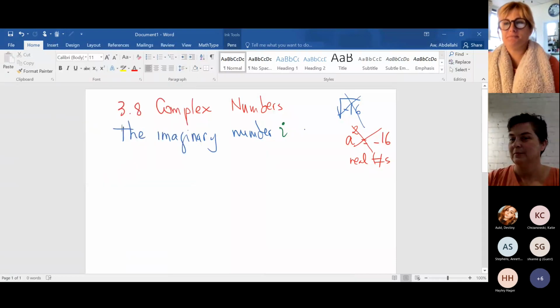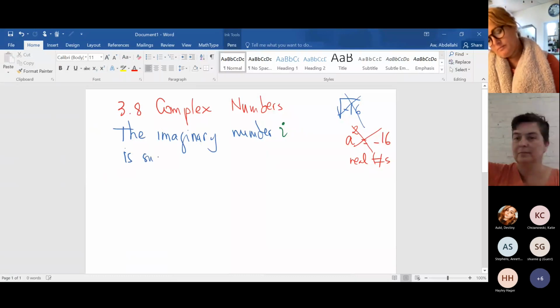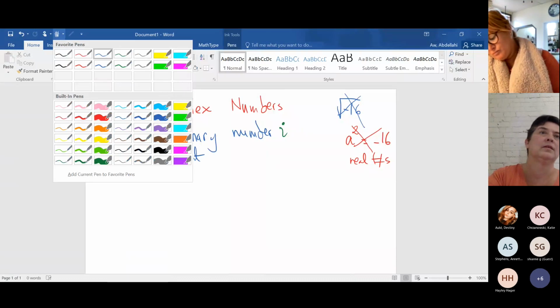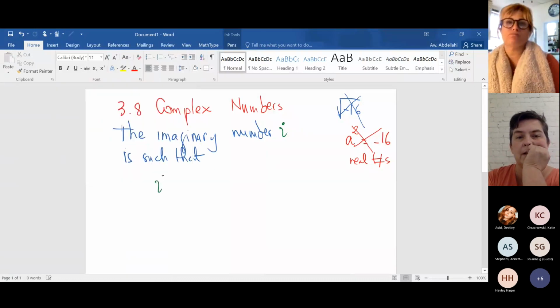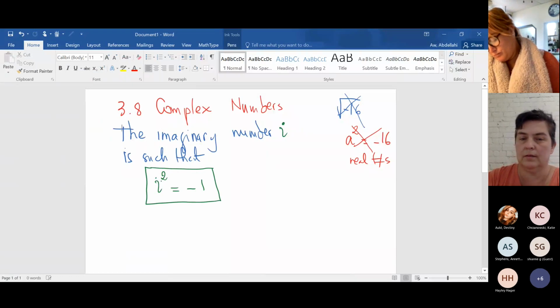The imaginary number i is defined such that we have two properties of i. The first one is i squared is -1.